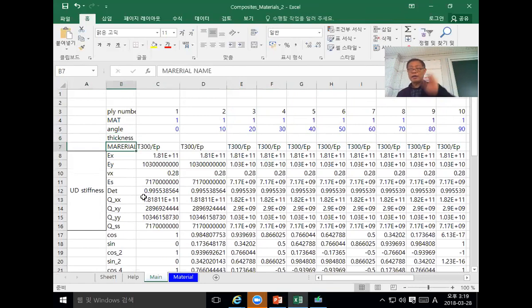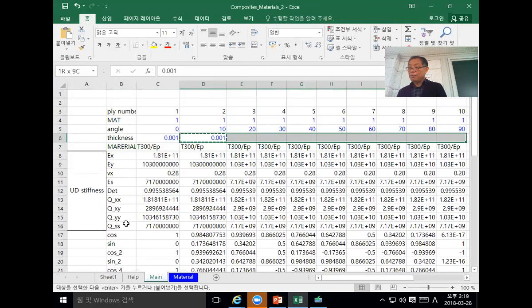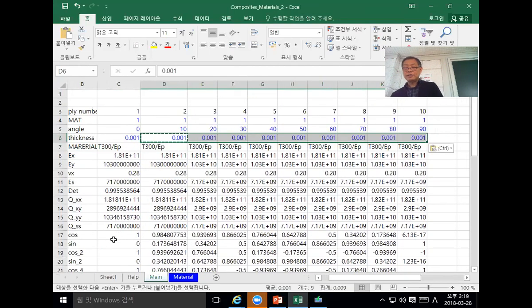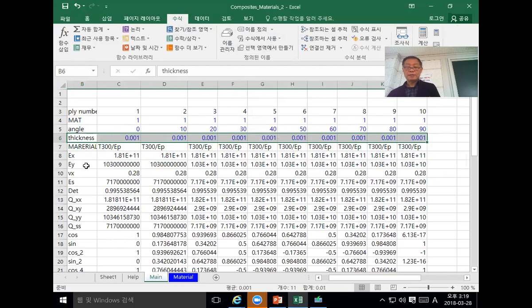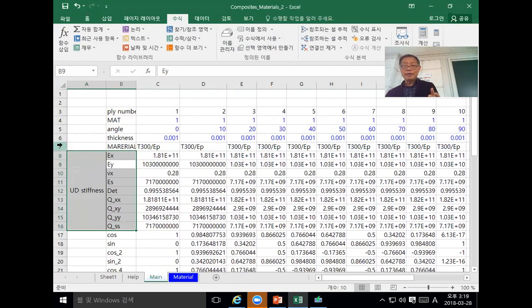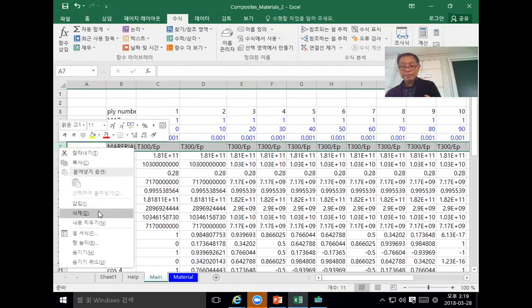Thickness means each ply thickness. You can say, I'd like to have 1 millimeter, I mean in meters, but millimeters, and any number of plies as you like. So this is a variable called thickness.